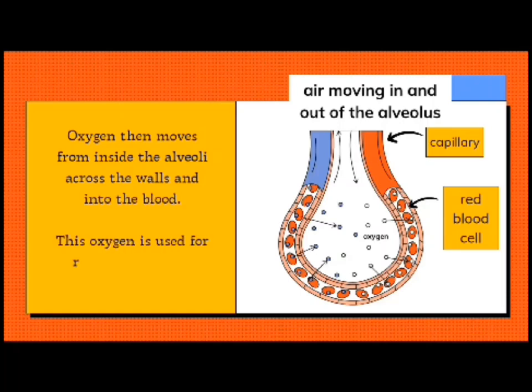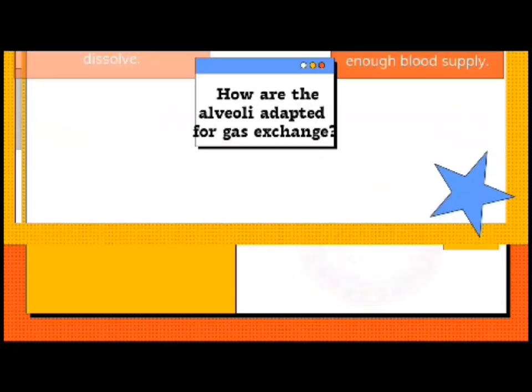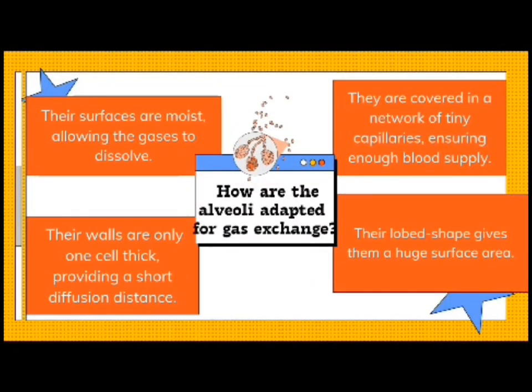Then the oxygen is used for respiration by the body cells, and also for movement. Without oxygen our body cannot metabolize.